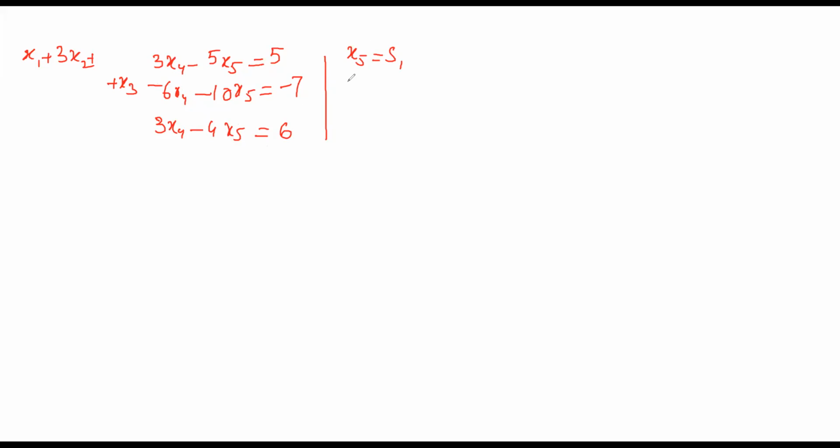From the last equation, 3x4 minus 4s1 is equal to 6. So from here, x4 will be equal to 6 plus 4s1 divided by 3. So it will be 2 plus, sorry, 3 times 2, oh yeah.